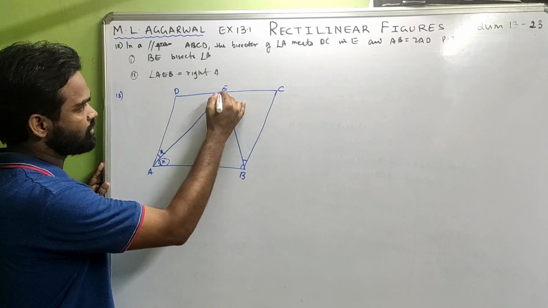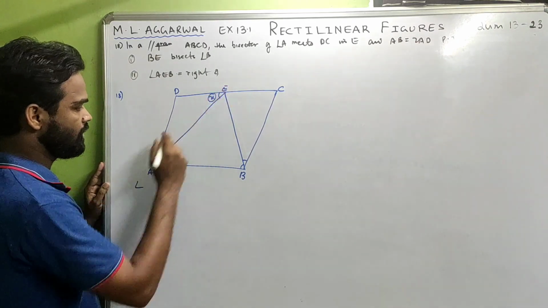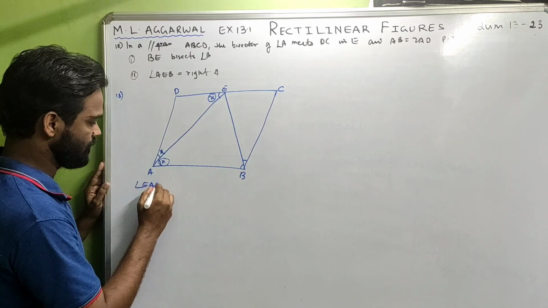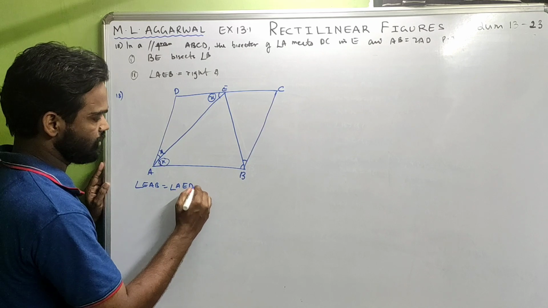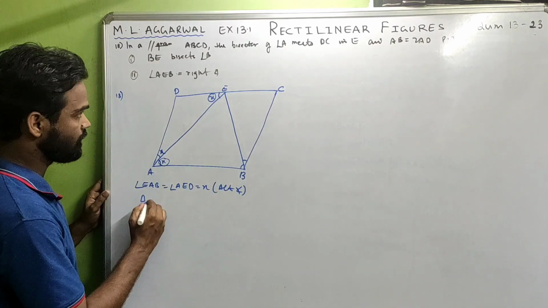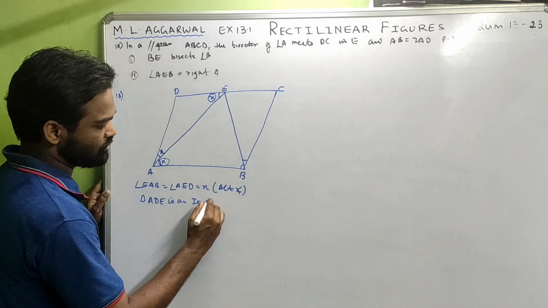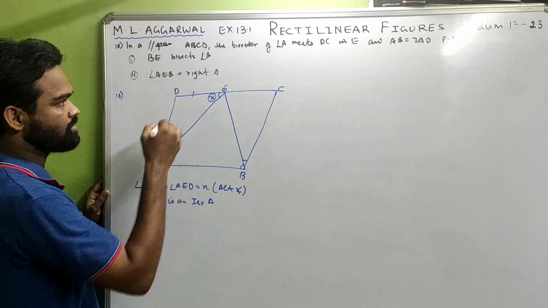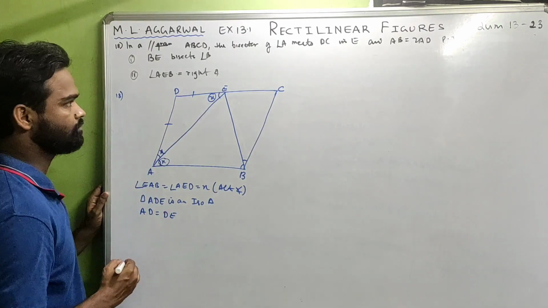Angle EAB is equal to AED by alternate angles, so AED is equal to X. Triangle ADE is an isosceles triangle, which means this side and this side will be equal, which means AD is equal to DE.